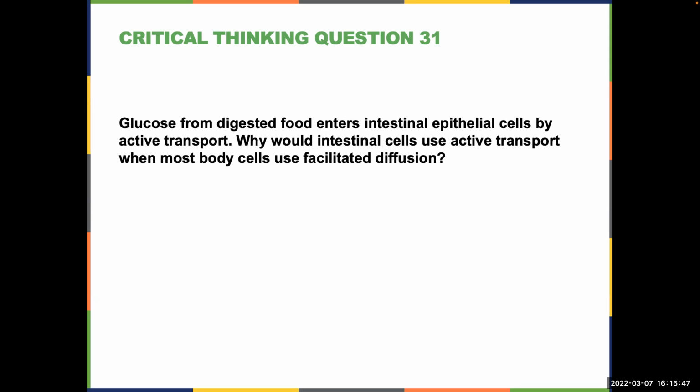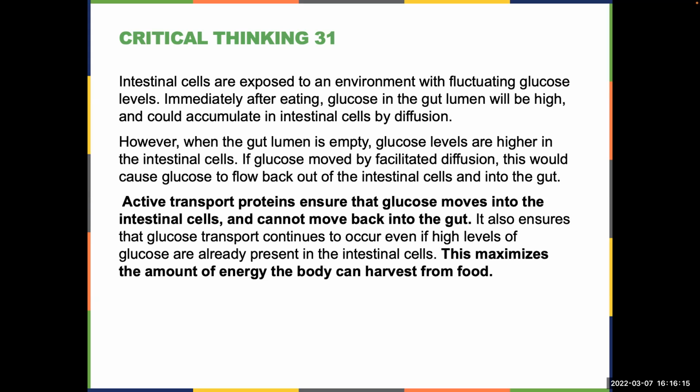Glucose is digested from food, enters intestinal epithelial cells. It's doing this through active transport. Why do you think the body uses active transport instead of diffusion, when all the other cells in the body are going to use diffusion, facilitated diffusion? Pause it, think about it. Okay, intestinal cells are exposed to environments that fluctuate, right?